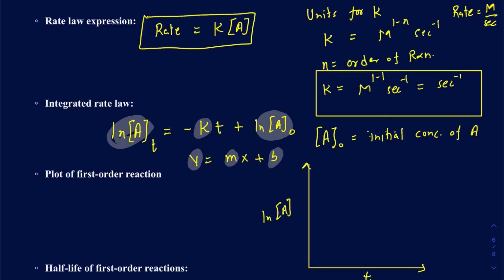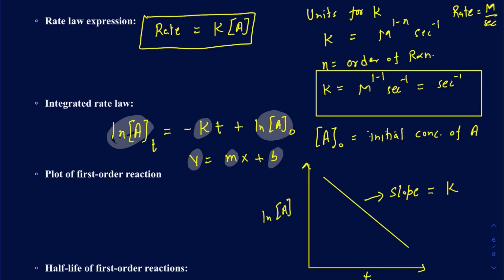Now when you're looking at this first order reaction, we're plotting the natural log of the concentration versus time, and your plot is going to have a straight line but with a negative slope. So the slope in this particular case can be used to figure out the rate constant k. That's another way of figuring out the value for the rate constant.